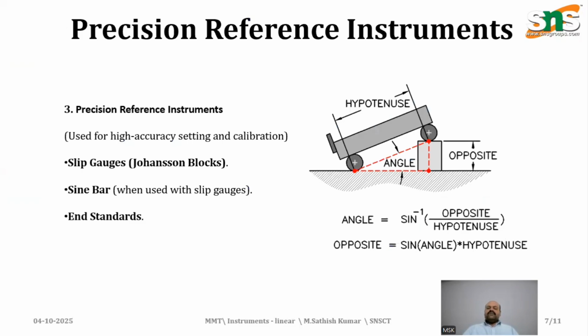Whenever you want to compare against standards, you have to go with precision instruments. In metrology, we have master gauges, which we call slip gauges or Johansson's blocks. Sine bar is used with slip gauges for precision measurements, and end standards are used for the same.